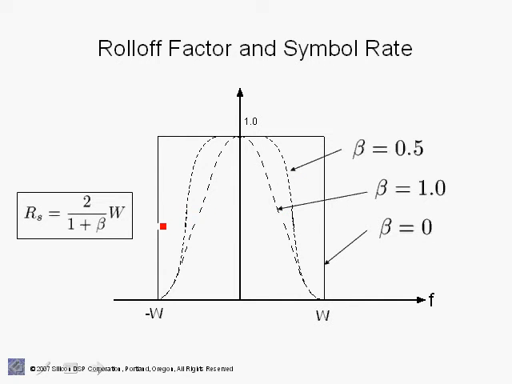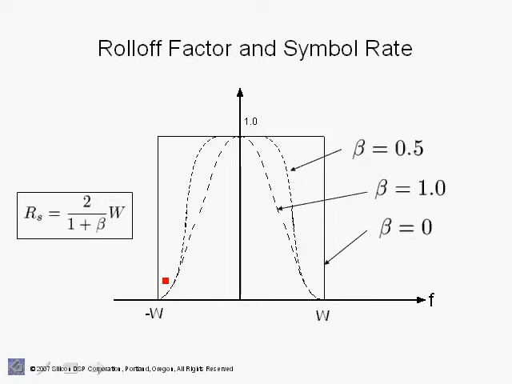For each one of these cases, if we refer to this relationship here, we see that for beta equals 0, the symbol rate is twice the bandwidth, so we get the highest throughput with beta equals 0. For beta equals 1, the symbol rate is equal to the bandwidth.